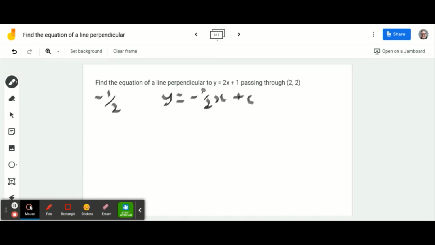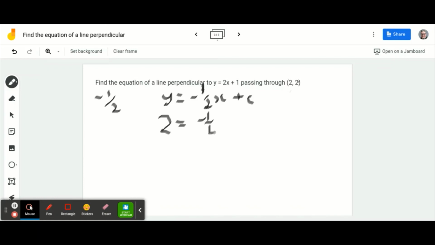And now we can apply our trick of substituting our given point. Here x is 2 and y is 2. The second 2 here we put here, and this first 2 we put in for our x.